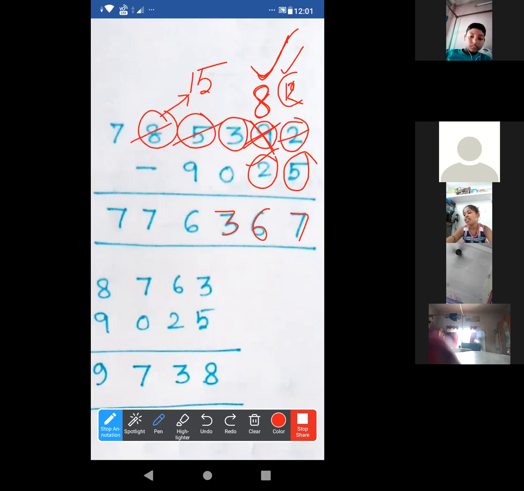Already 1 we have taken, so it becomes 7. Basically, this is the short way to remember: 1 we are borrowing, so we are subtracting 1. But the concept is from 9 tens we are taking 1 ten. So 8 tens is remaining. From 300 we are taking 100. So 200 is remaining. This is the main concept.